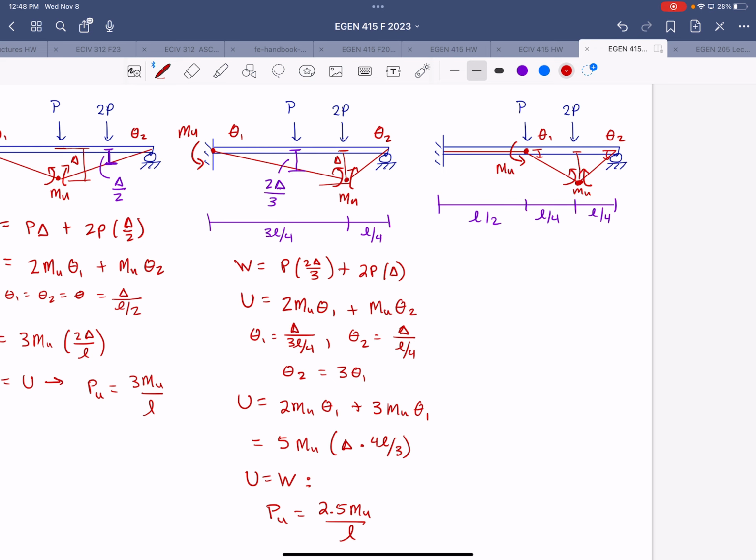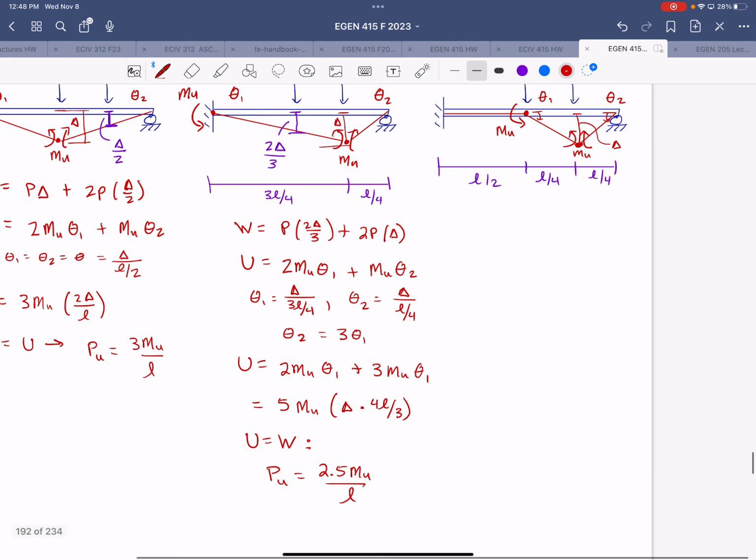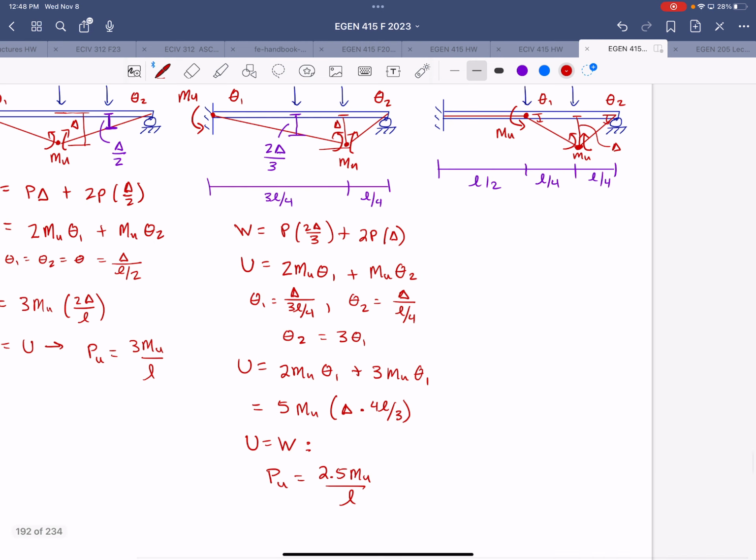And then we have our distance delta. So work is equal to 2P delta, that's it. Internal strain energy is 2 mu theta 1 plus 1 mu theta 2.